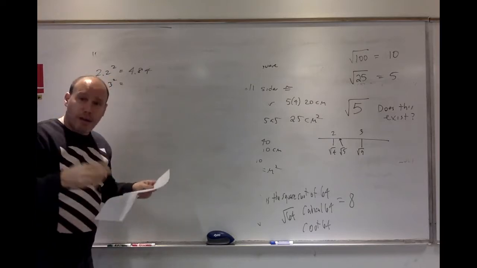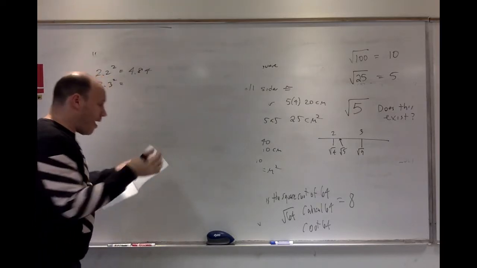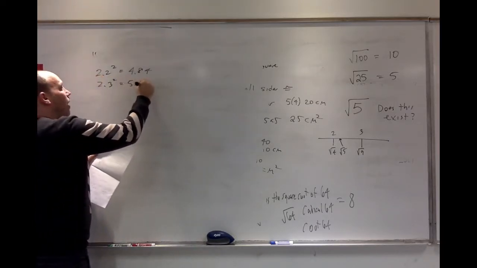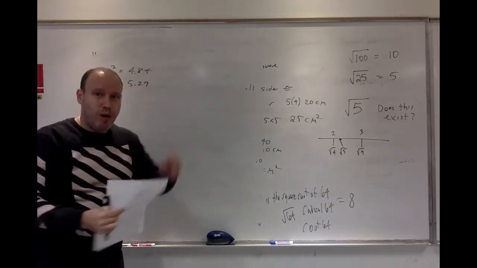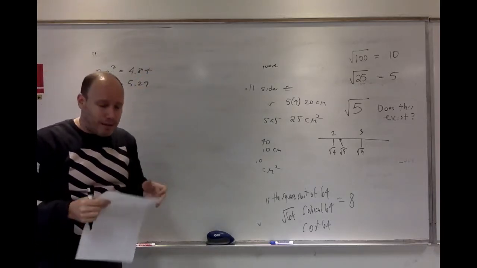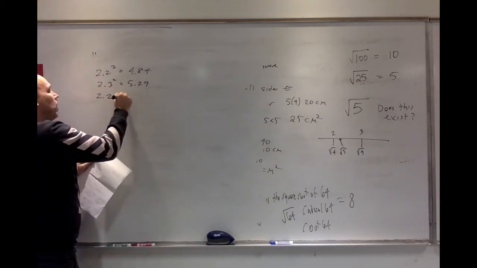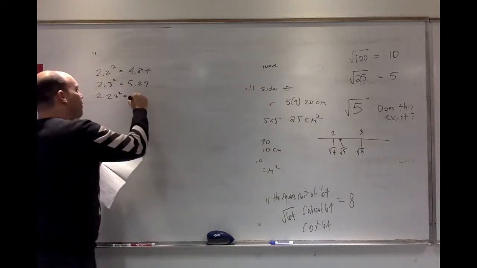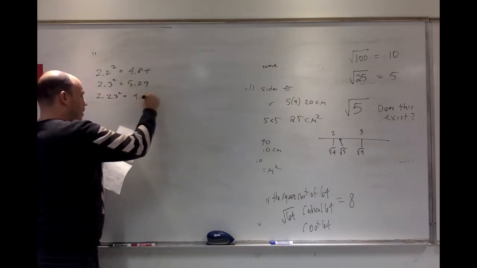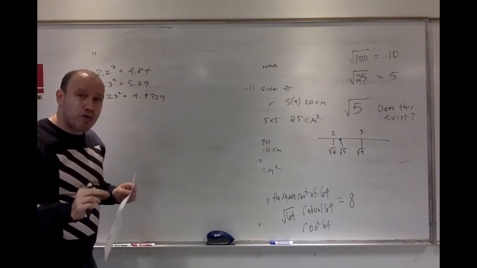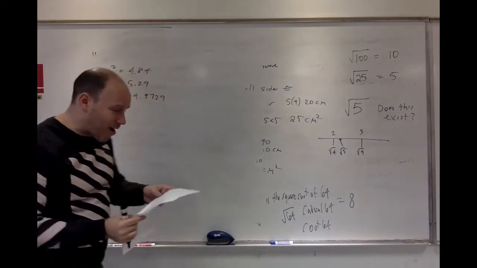And check it in your calculator, and you get 5.29. Well, we know it's in there. We've zeroed in, right? How about we try 2.23? And we get 4.9729. We're close. We're closing in there.